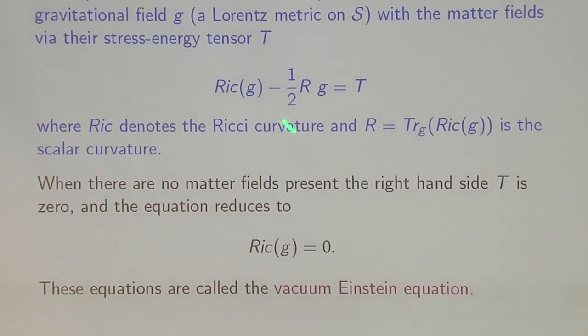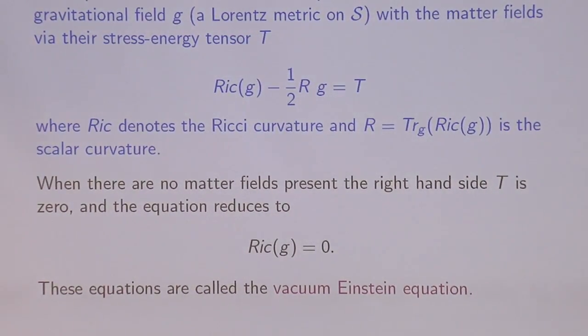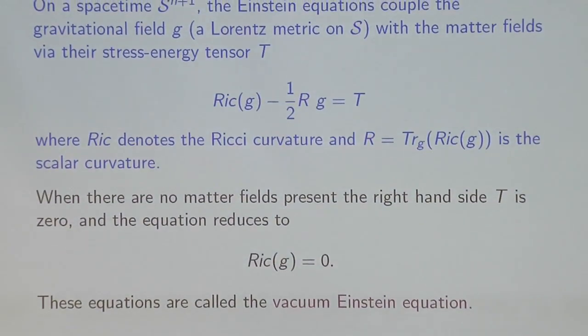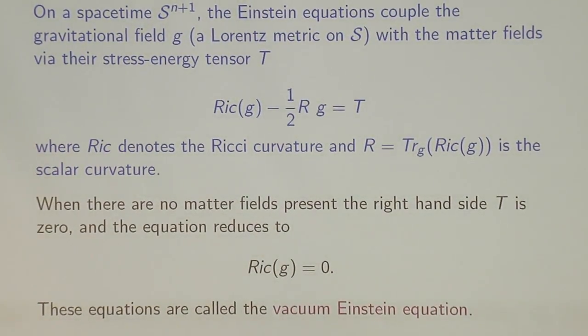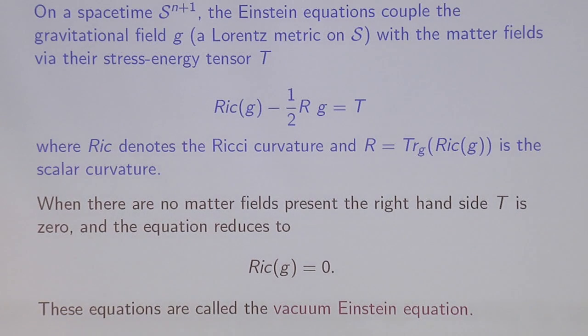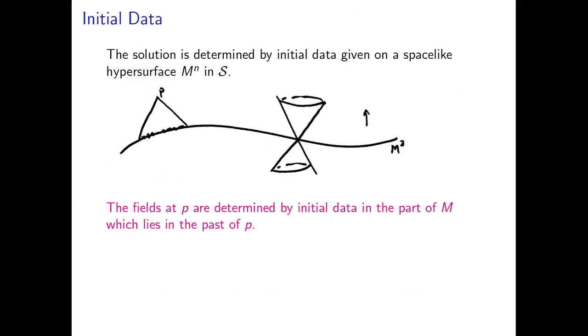And remember that G is a Lorentz metric, so it'll have signature plus 3 and minus 3 pluses and 1 minus. Okay, and so solutions of the Einstein equations can be parametrized on initial data. So it's a hyperbolic system.